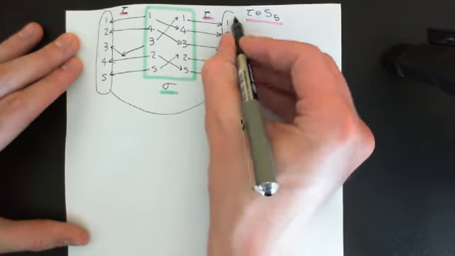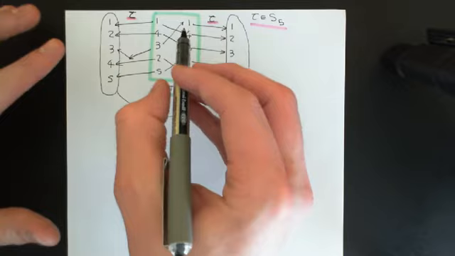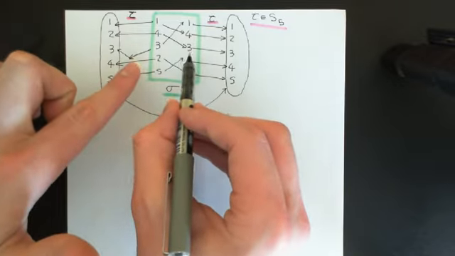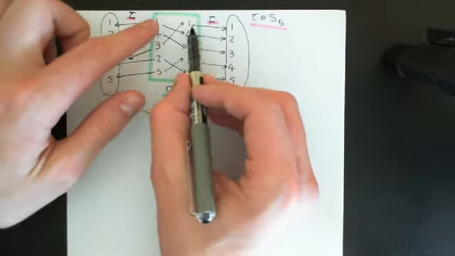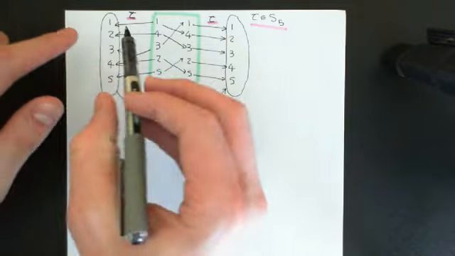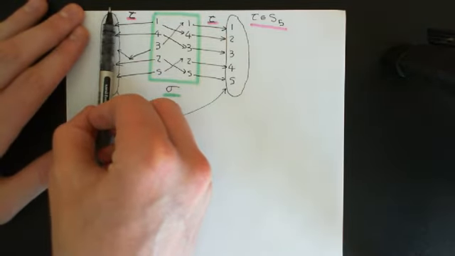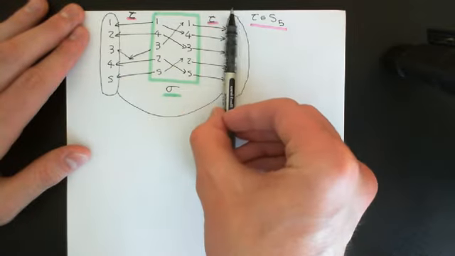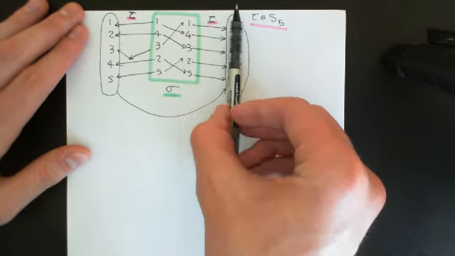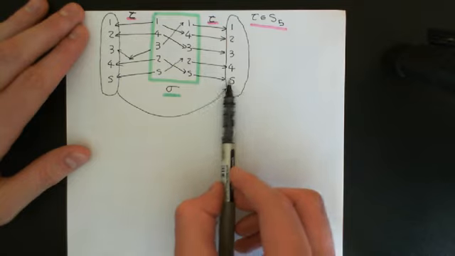Here in the middle, sigma was our original old set permutation. We are now relabeling the elements here, and the new set permutation we get will be a mapping from this new relabeled domain here to this new relabeled codomain here.